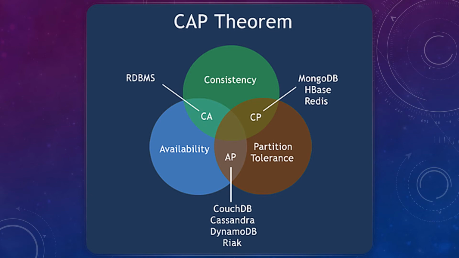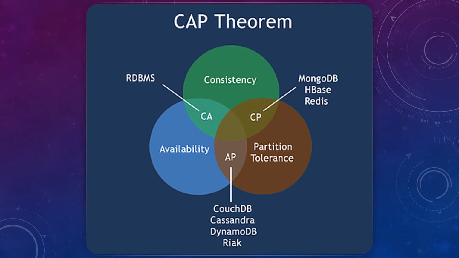Coming to partition tolerance, it is a guarantee that the system continues to operate despite arbitrary message loss or failure of any part of the system. In other words, even if there is a network outage and some of the computers are unreachable, the system continues to perform. Now, out of these 3 guarantees, consistency, availability and partition tolerance, no system can provide more than 2 guarantees.